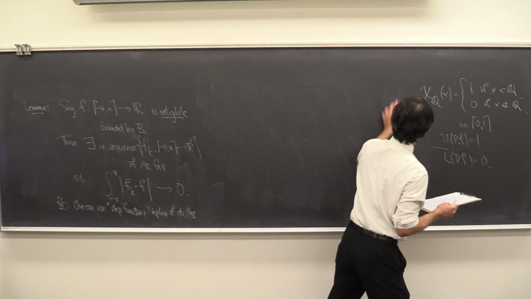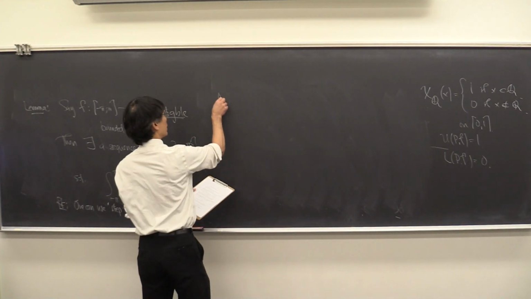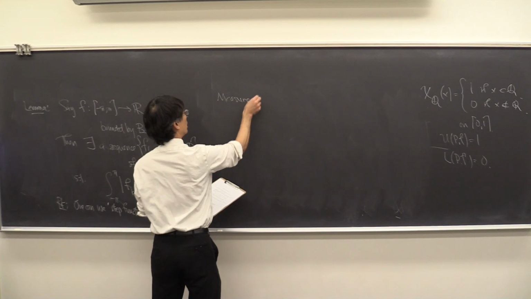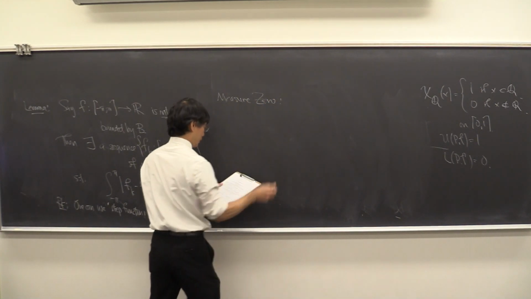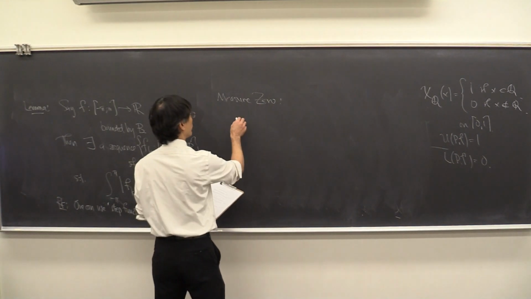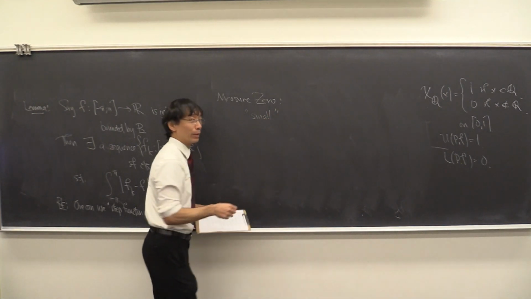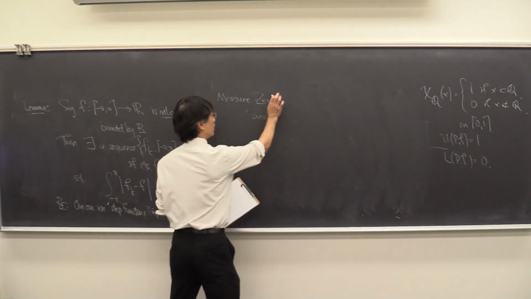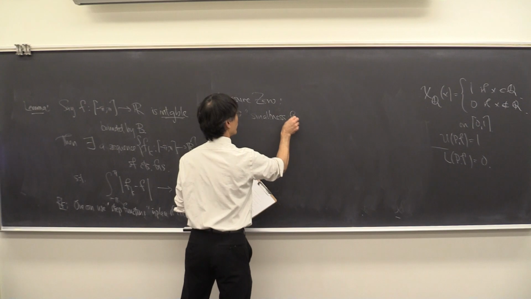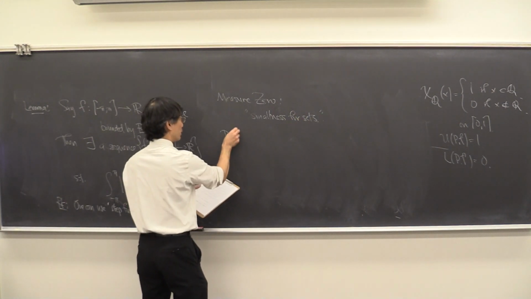Another notion that will show up is something called measure zero. It's a way of saying smallness for sets. Here's the definition.